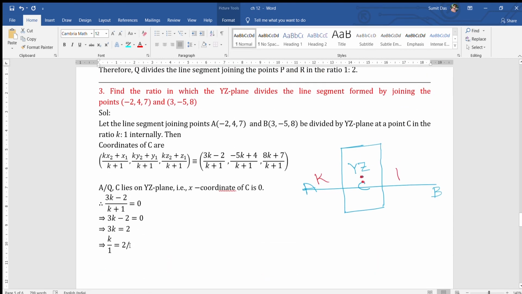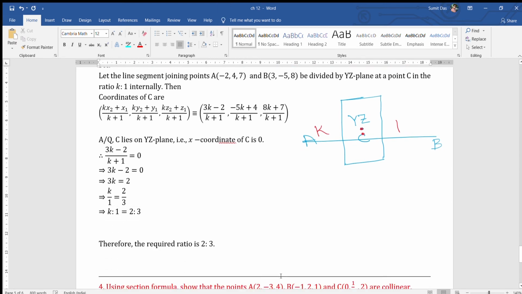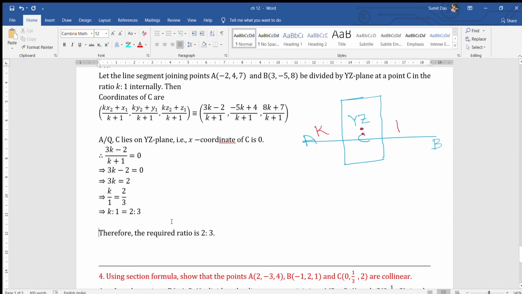So the ratio k is to 1 is 2 is to 3. Is it clear? Therefore the required ratio is 2 is to 3.